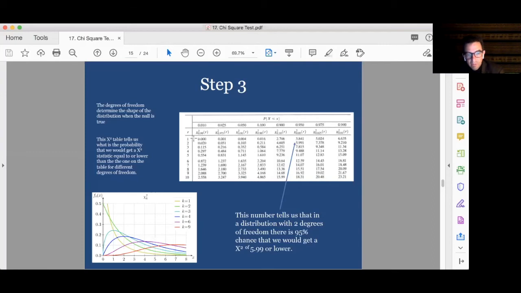For a 2x2 table that has 1 degree of freedom, there's a 1% chance that you would get chi-square statistics higher than 6.63. Anyway, what we're doing here is determining the distribution with the degrees of freedom. We now know that our distribution for this example has 2 degrees of freedom, and these are the probabilities that you would get chi-square statistics as high as that.